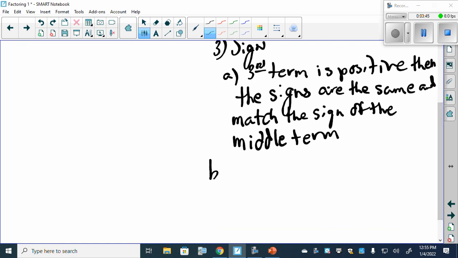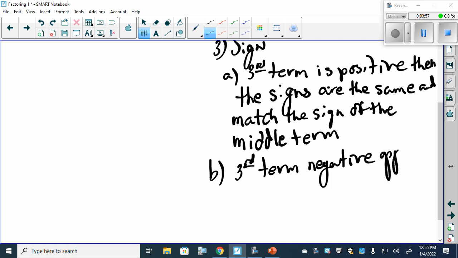Now, if the third term is negative, the signs are opposite. So if the third term is positive, the signs are the same and they match the sign of the middle term.